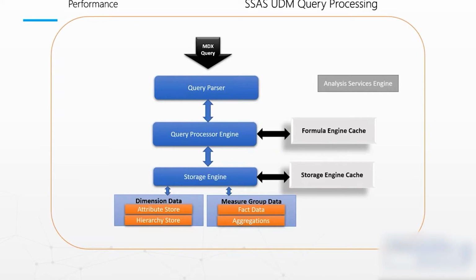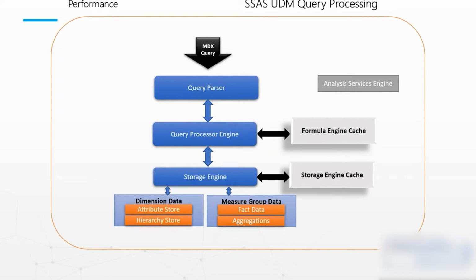What happens is an MDX query comes into the query parser, and within that query parser, it has what they call an XMLA listener, which accepts requests, parses the request, and passes it along to the query processor for query execution. So it's validating that the MDX query is actually a well-formed MDX query, a correct query, no syntax errors.